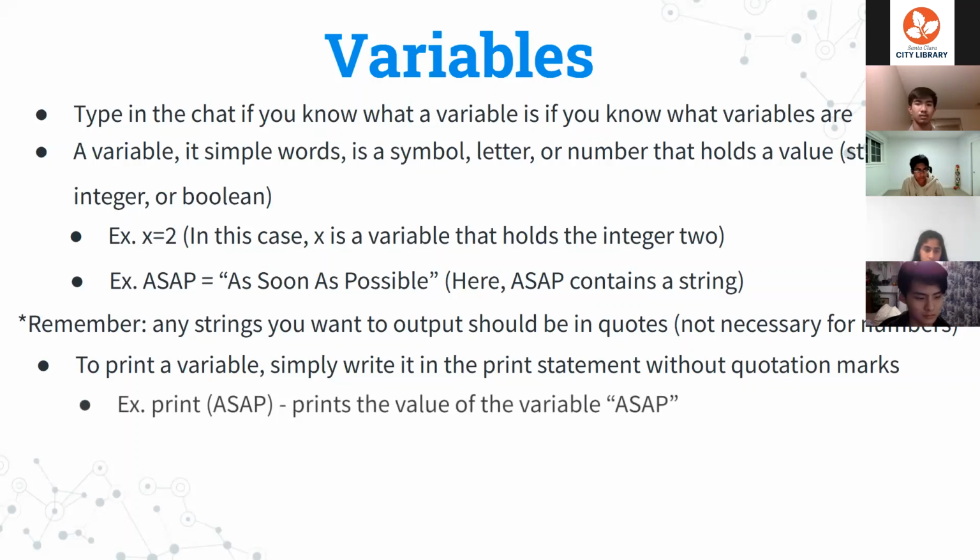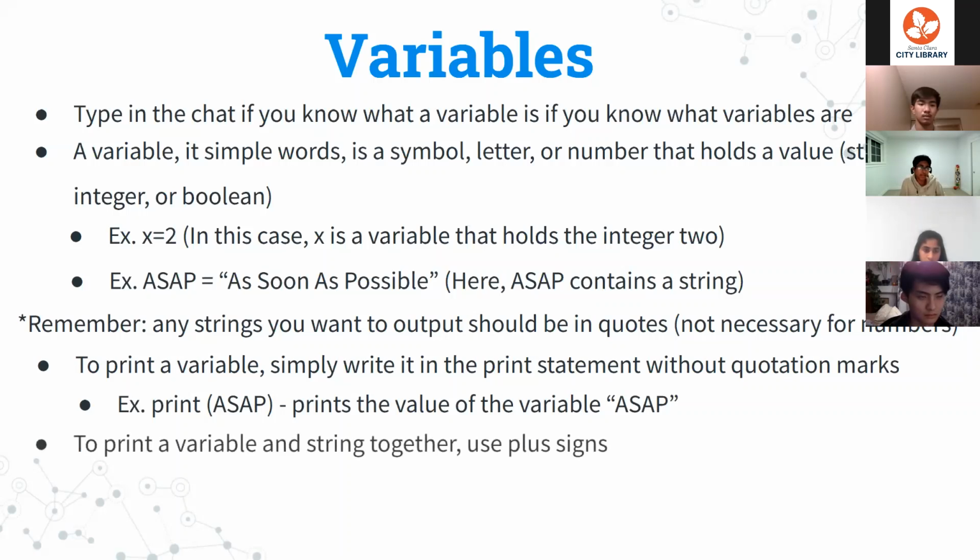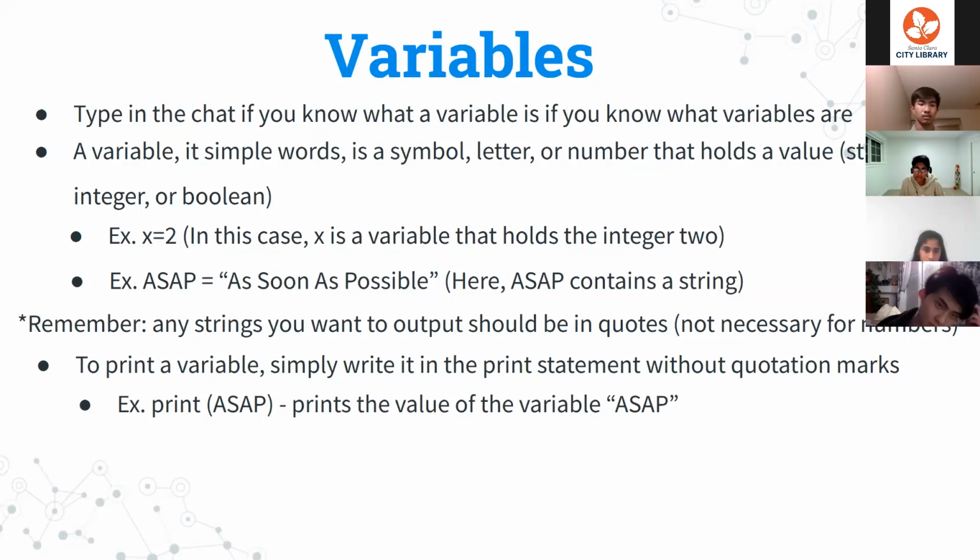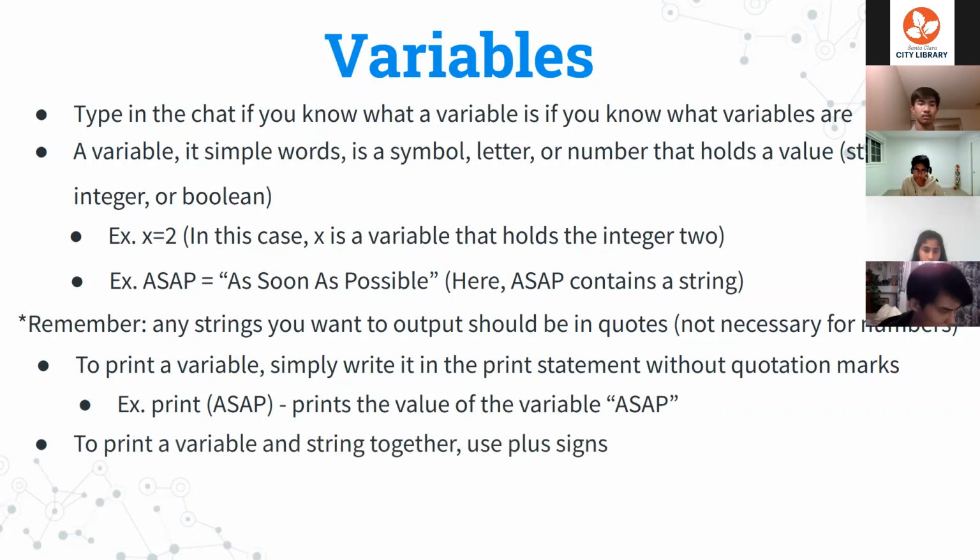So if you want to print ASAP, you would type out print and then parentheses, ASAP, without any quotations. But if you want to add letters before the words in the variable ASAP, you would put those in quotation marks. So any words that you literally want to type out, you put in quotation marks, and any variables you want to print, you don't use quotation marks.